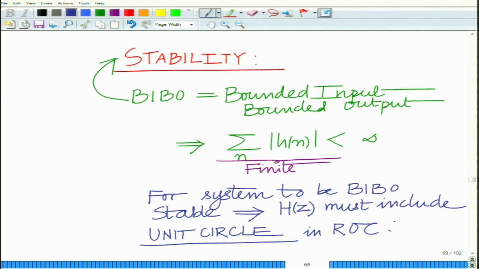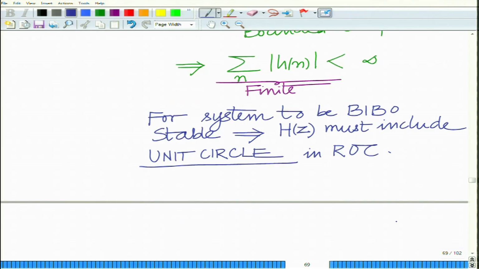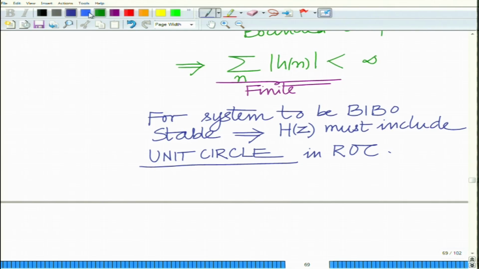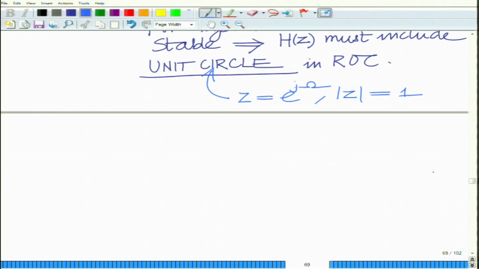Remember the unit circle is all the values of z which are of the form z equals e raised to j omega, that is magnitude of z is 1, unit magnitude and any arbitrary phase. Remember every z can be represented in polar coordinates as r e raised to j omega. If r equals 1, which is the magnitude of z, then that corresponds to a z on the unit circle.